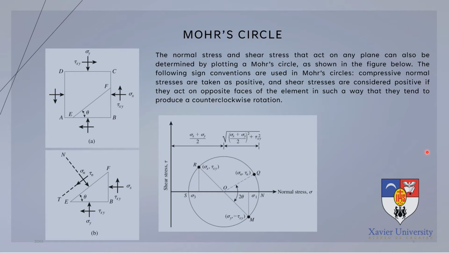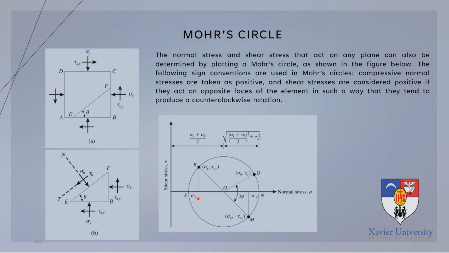The following sign conventions are used in Mohr's circle, which will later on be very useful for us in drawing our own Mohr's circle. Compressive normal stresses are taken as positive, and shear stresses are considered positive if they act on opposite faces of the element in such a way that they tend to produce a counterclockwise rotation.